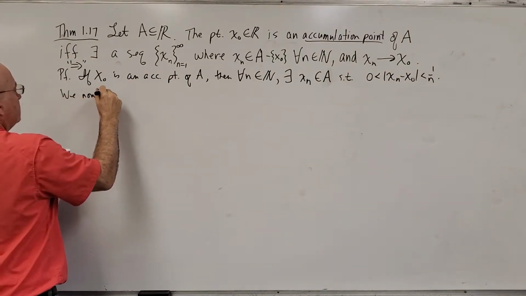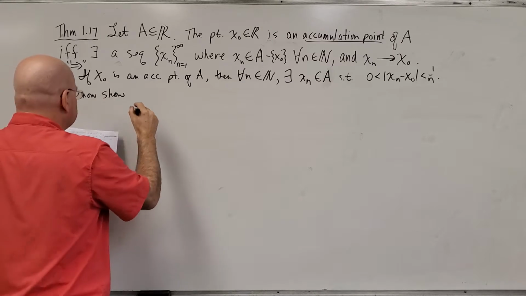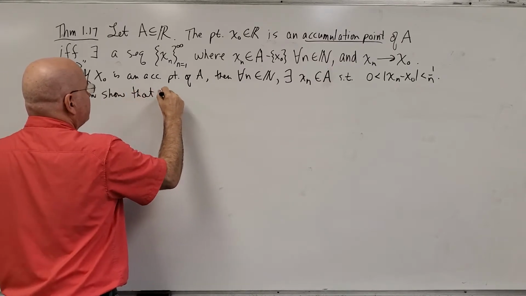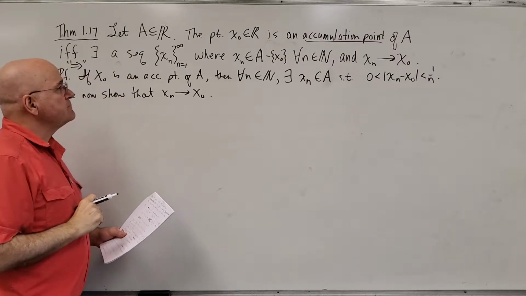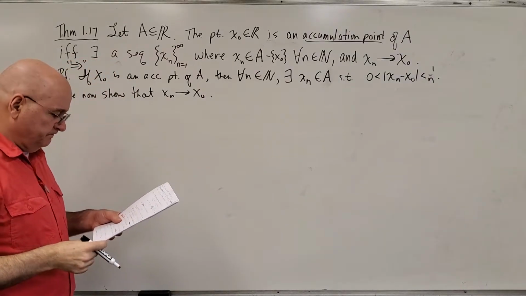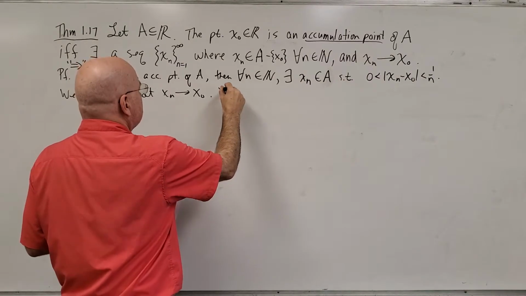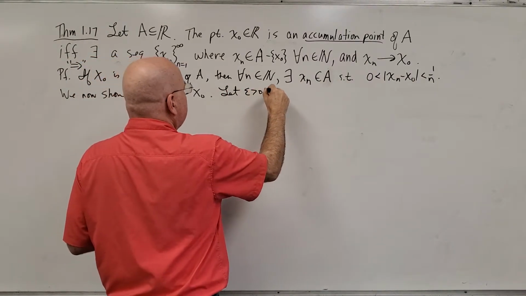We now will show that xn converges to x naught. And as we always have to, let epsilon greater than 0 be given.